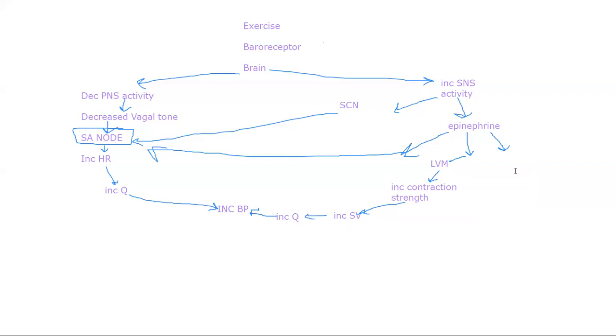Okay, and our third branch from epinephrine? Arterioles. How do the arterioles respond to epinephrine? Vasoconstriction. And what does that cause? Decrease in vessel radius.